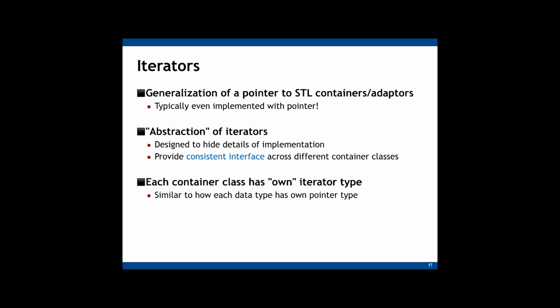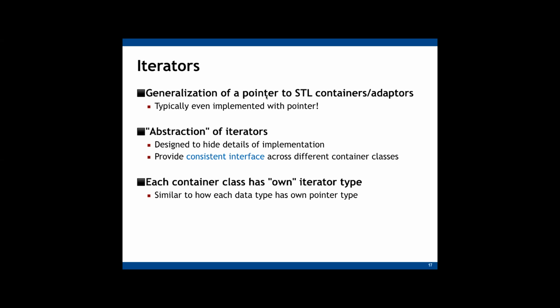Iterator is a generalization of a pointer which can be used to access elements stored in containers. Iterator is not a pointer, but you can use it just like a pointer because increment, decrement, and dereference operators are overloaded in iterator.